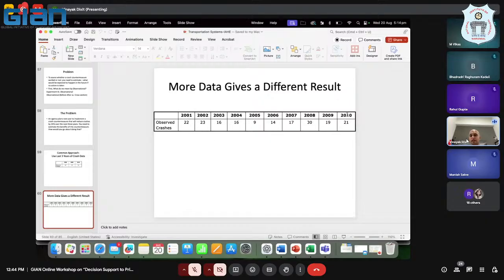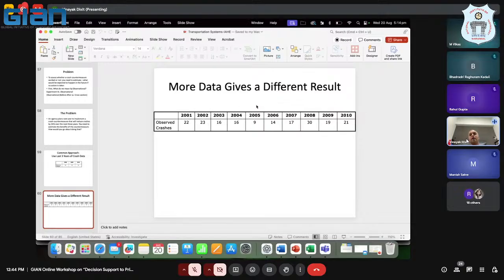If there are more vehicles on the road, there's a higher likelihood of crashes. So even if the probability of a crash was the same, and there are more vehicles, you will observe more crashes, right?